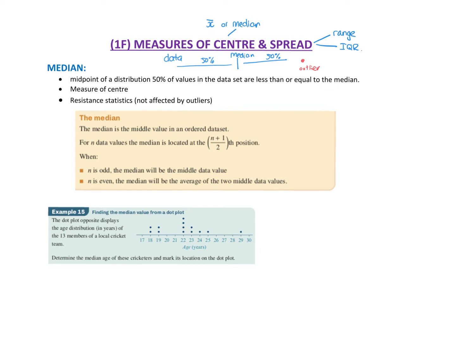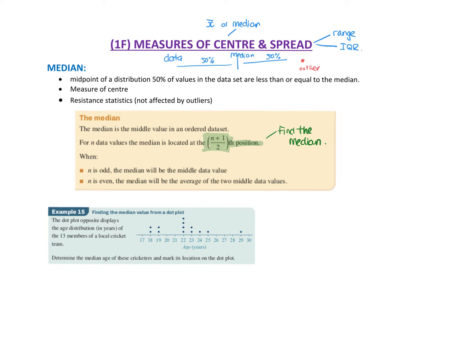So how do we find the median? We can find it using the formula (n+1)/2. This just tells us the position. When n is odd, say we had 23 in the data set, the median will be the middle number.